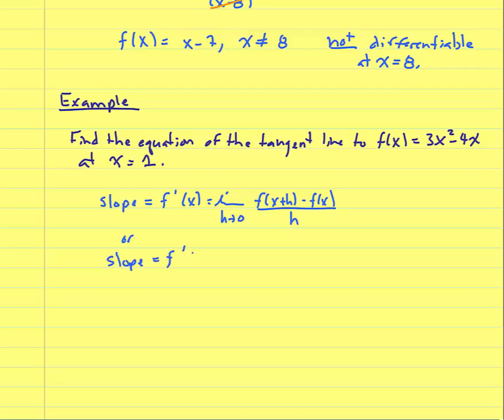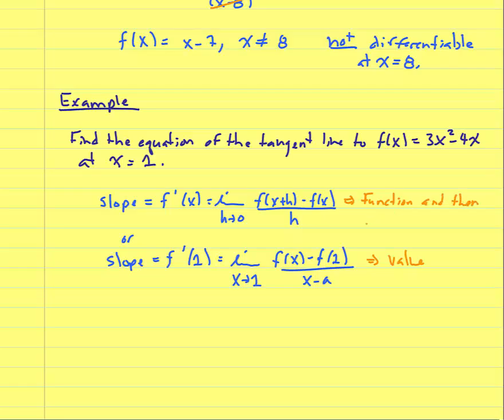F prime at 1, because I know my value here is 1, equals the limit as x approaches 1 of f of x minus f of 1 all over x minus 1. This will give me a value, a number. This will give me a function, and then plug in x equal 1.